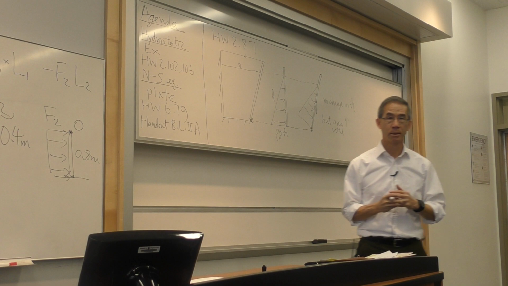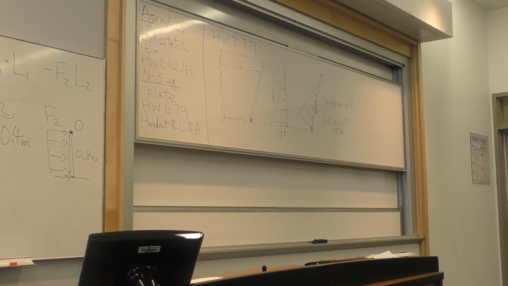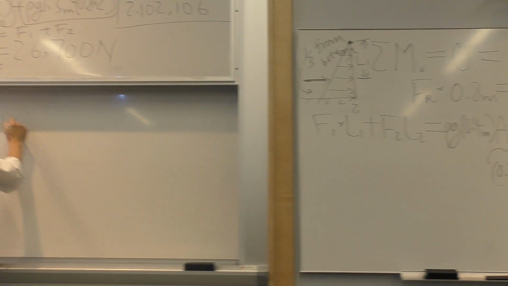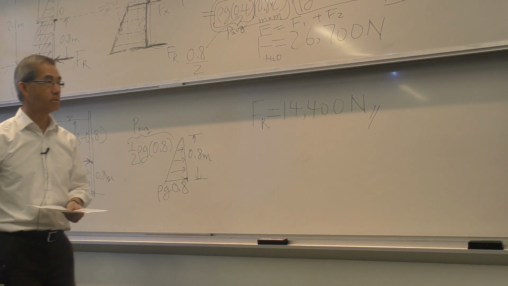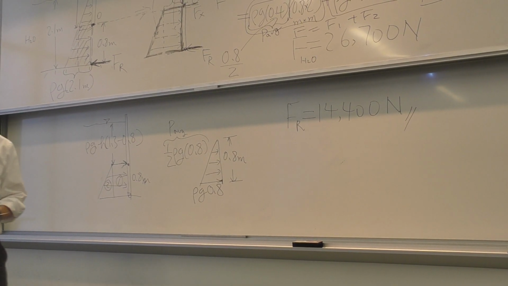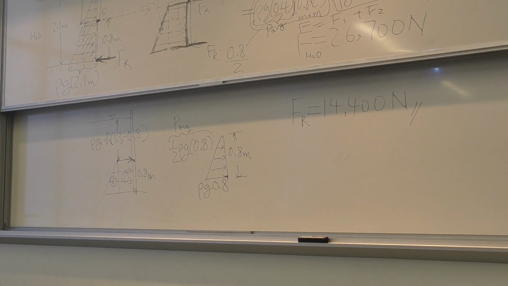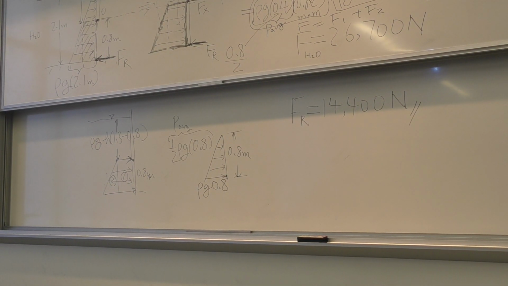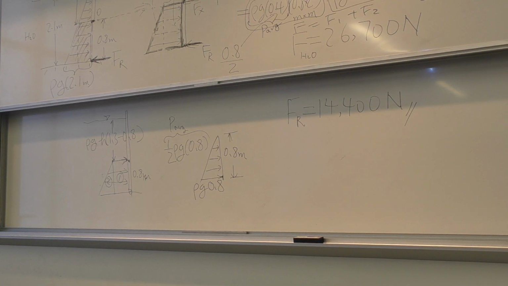Is that clear? So if you do the math, you plug that in, and take the moment arm, the resultant external force applied at the bottom to hold the gate in equilibrium is about 14,000 newton.